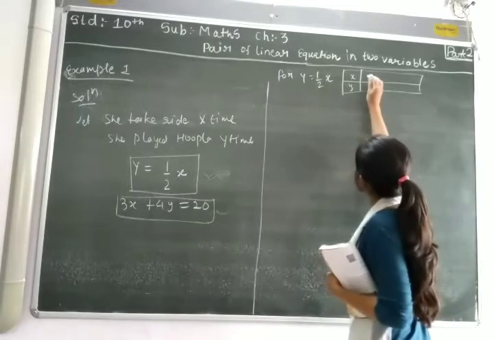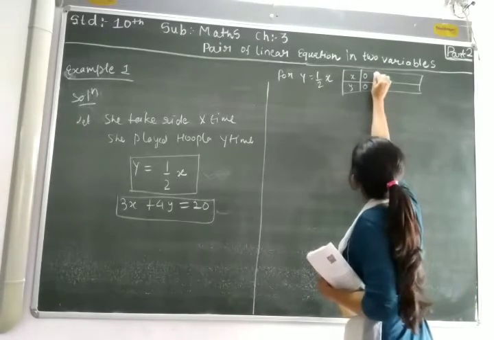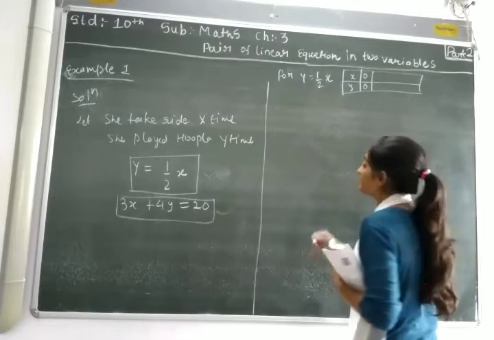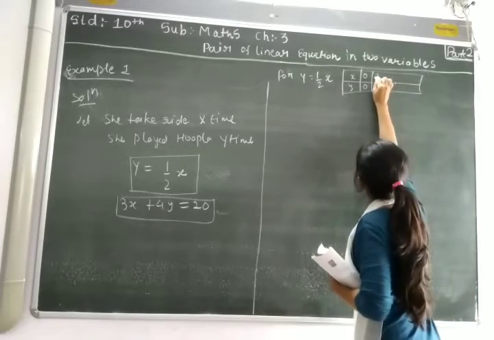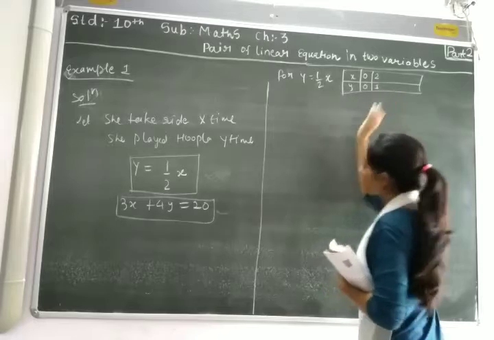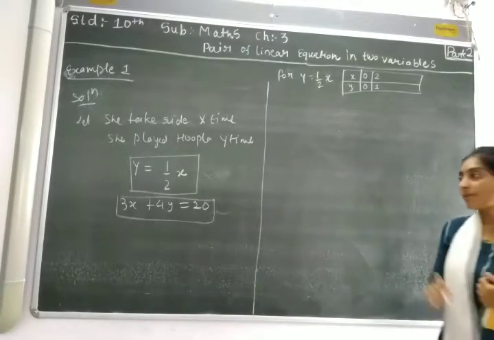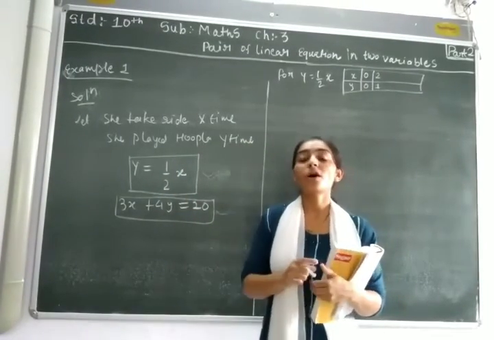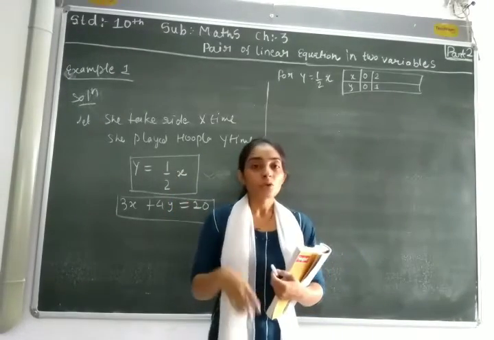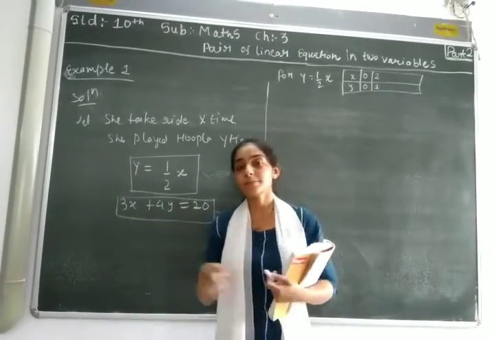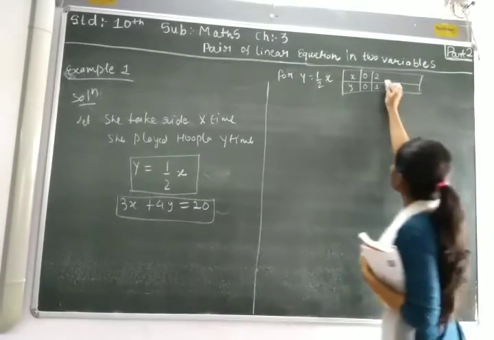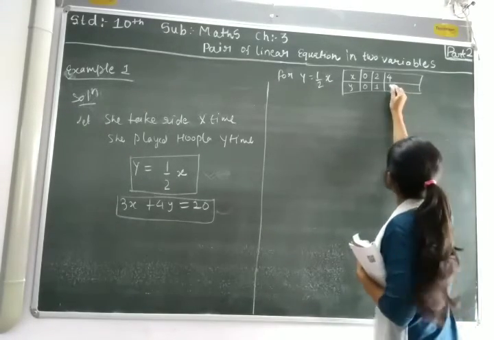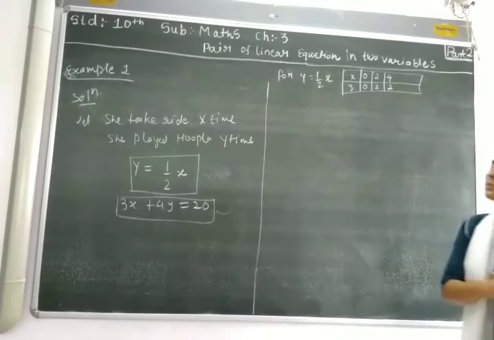If I take x equals 0, I am getting y equals 0. If I take x equals 2, I am getting y equals 1. Try to take values so that you get your answers in integer format, not in ratio form, so it will be easy to represent all those points. If I take x equals 4, I am getting y equals 2. Then these 3 points are enough.